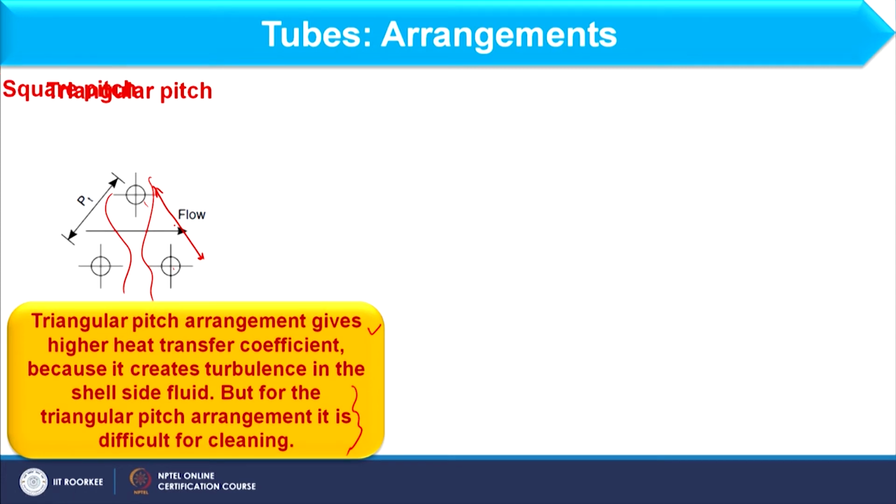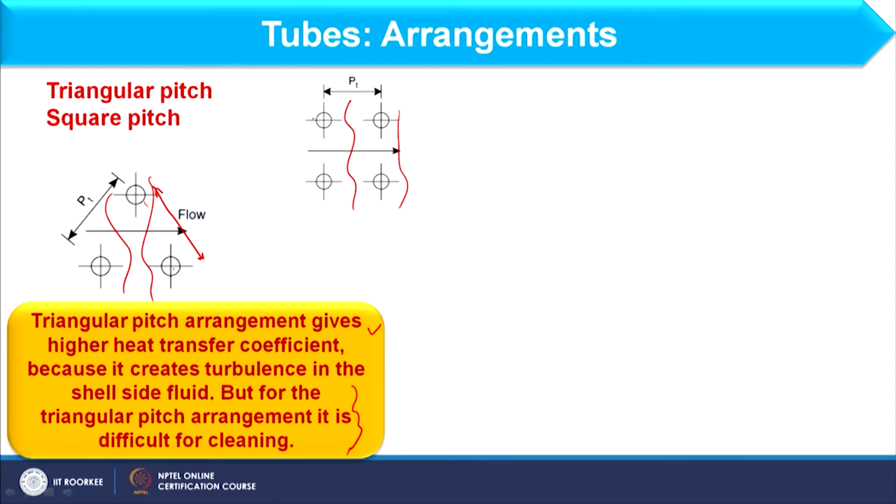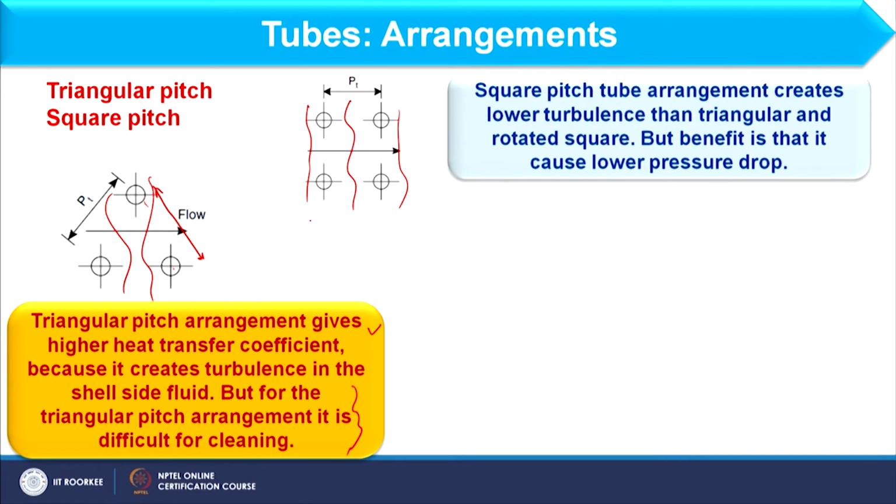Okay. So, the next pitch we have is the square pitch, and in this square pitch you can find that the flow is very smooth. So, because of that turbulence will not be created, and therefore, it will have lesser heat transfer coefficient. However, the benefit is it has low pressure drop as well.